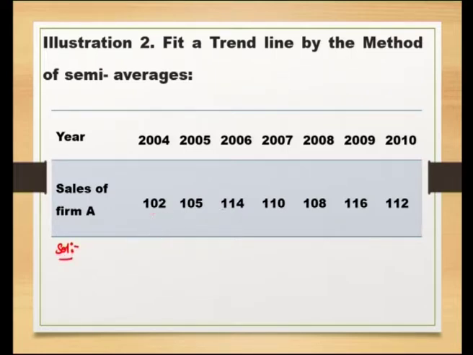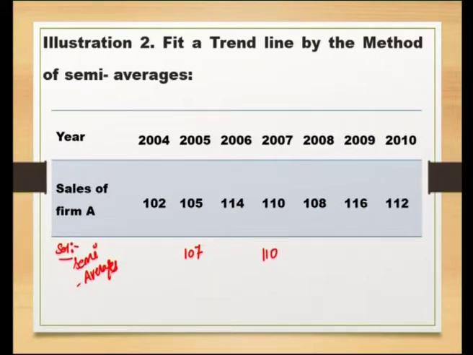The average of the first 3 years is calculated as 107 and it is written here against 2005. This is semi-averages. 2005 is the middle year of the first 3 years, and corresponding to 2007 I shall write 110 as it is.